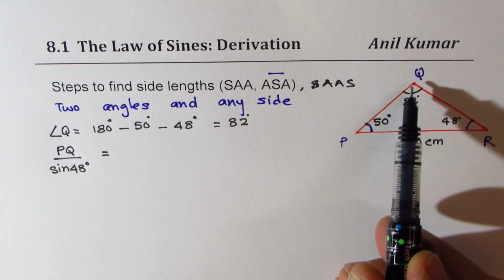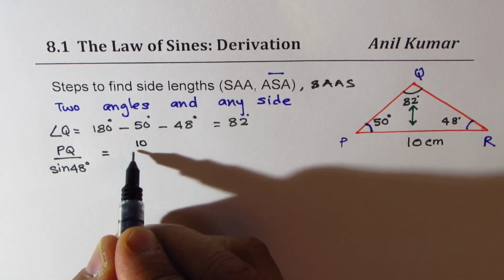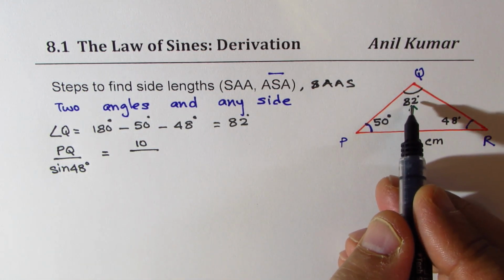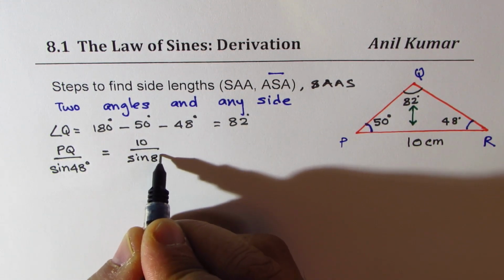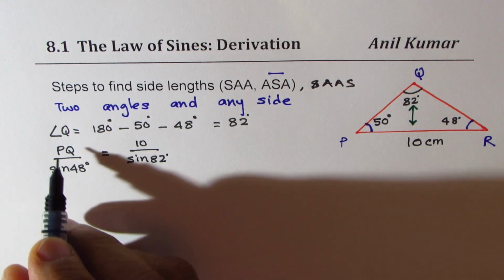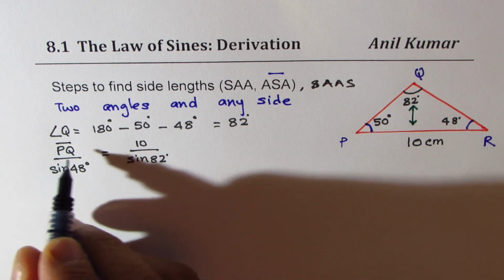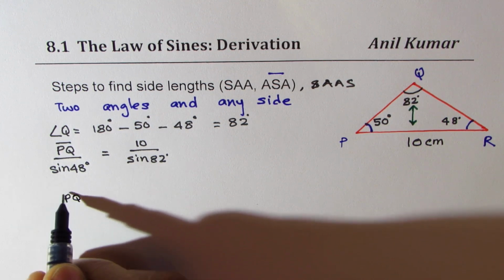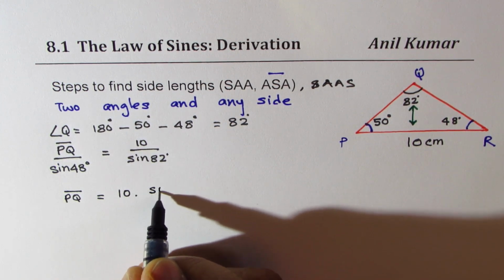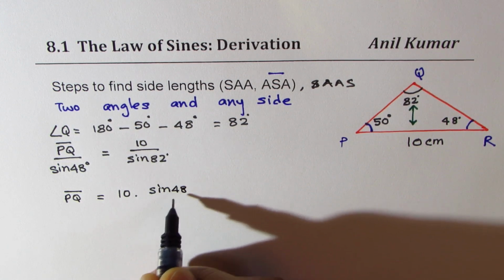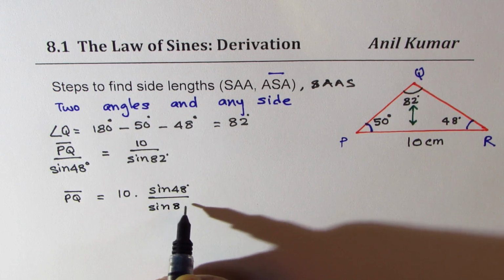So since we wrote side length on the top, we'll write the length 10 on the top divided by sine of 82. Perfect. So we get one equation to solve. From here, we know length PQ. You could also write length PQ as equal to 10 times the ratio of sine 48 degrees over sine of 82 degrees.